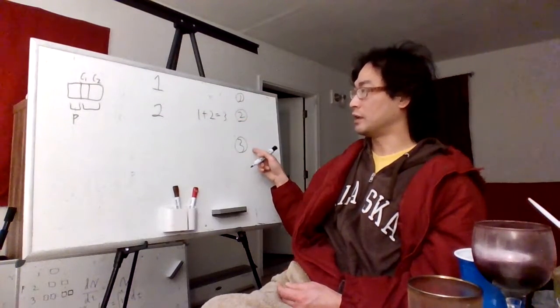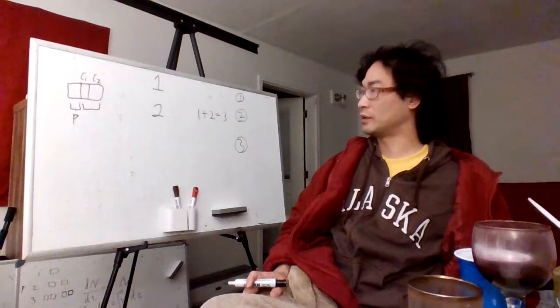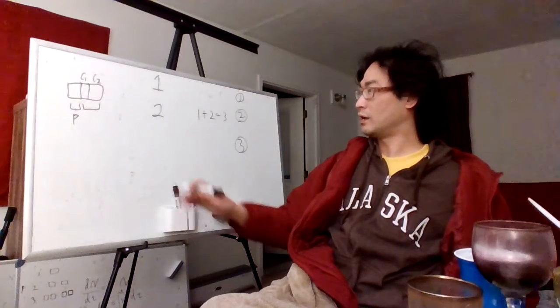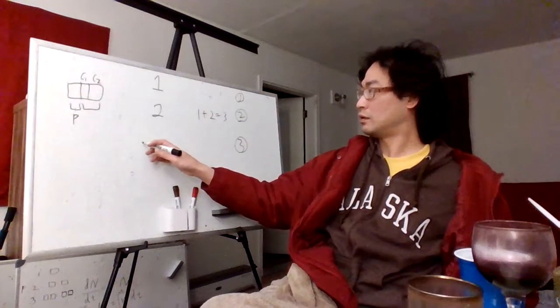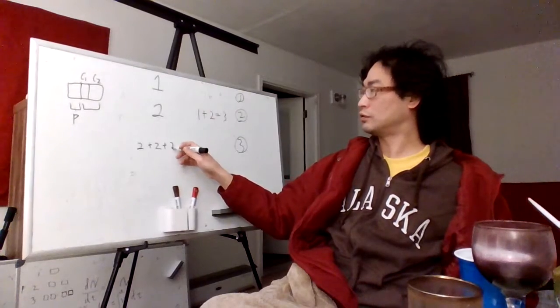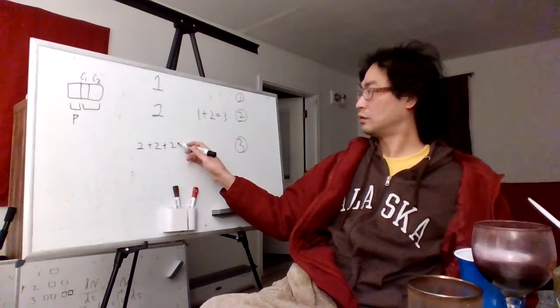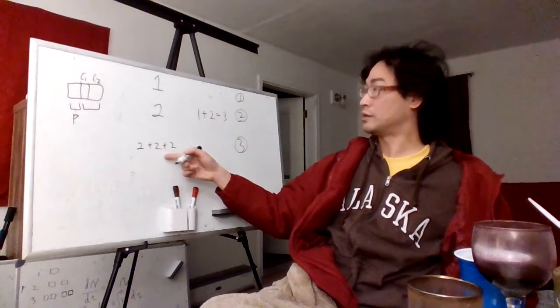And third time, each of them give two babies. So you have two plus two plus two. Babies.